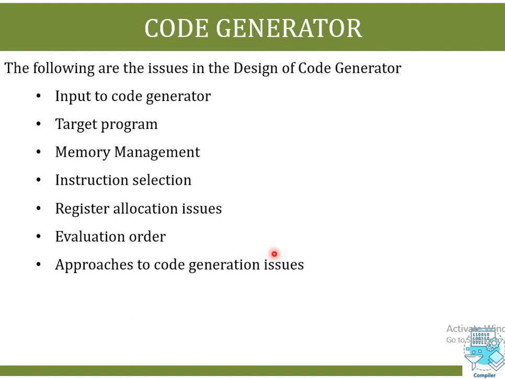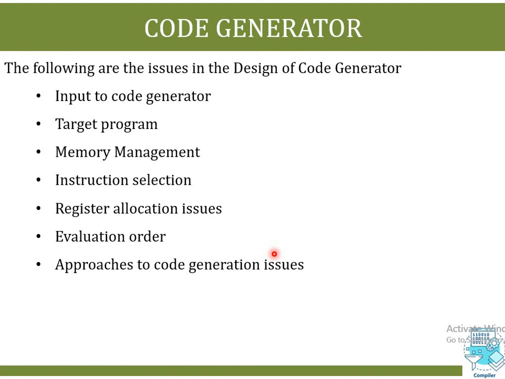When we generate the code, in particular the three address code, we have identifiers, and these identifiers refer to an entry in the symbol table, where we have the location of each identifier. That mapping process also has to be taken care of. That is memory management.